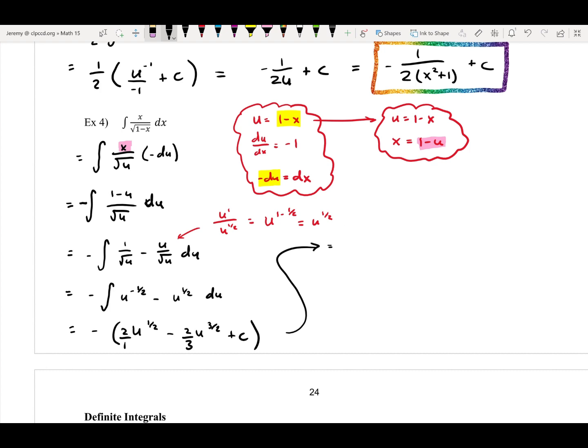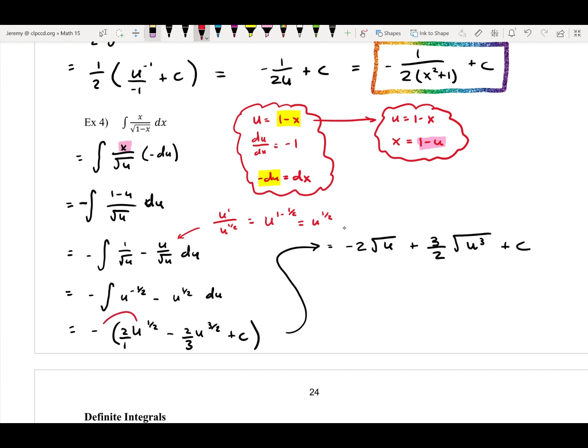Keep working over here. Simplify a little bit. I'll distribute in that negative that we have out in front. I'll get negative 2 square root of u plus 3 over 2, and then u to the 3/2, you could write this as square root of u cubed. You could do that if you want, plus c.